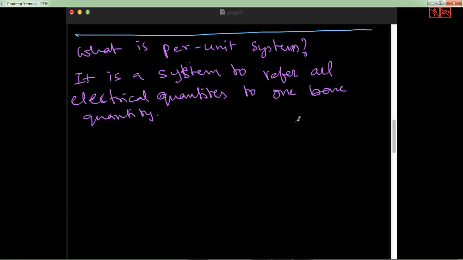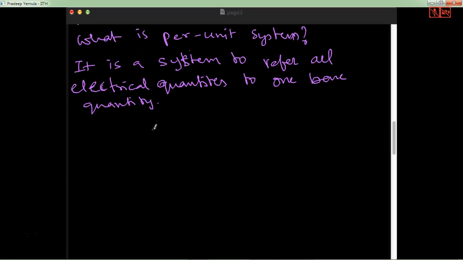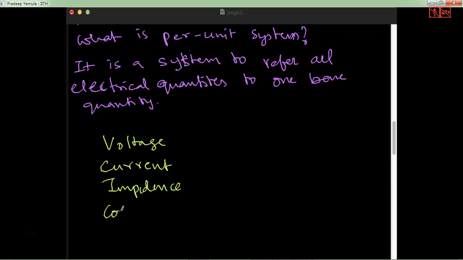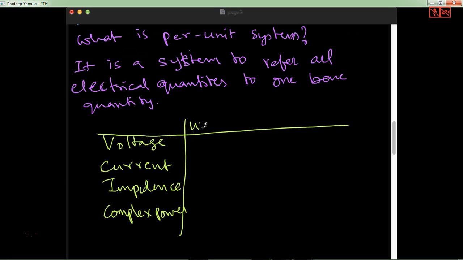So when I say electrical quantities, you have four electrical quantities. That is, you have voltage, current, impedance, and complex power. So what you do is, you say what is the unit? So here the unit is volts, here the unit is amperes, here the unit is ohms, and here the unit is volt amperes, right?